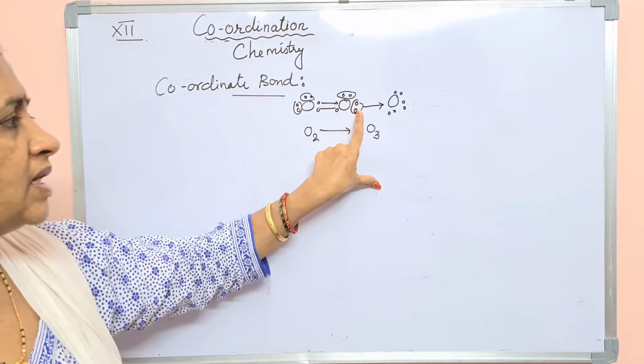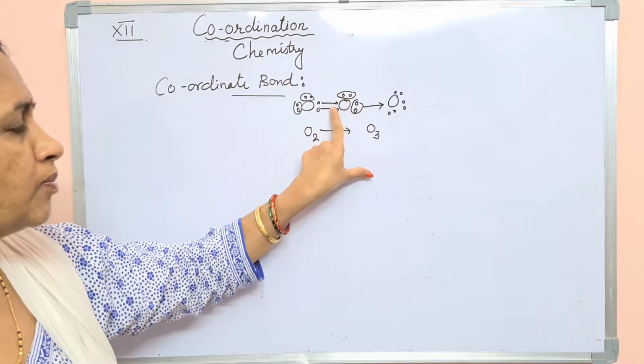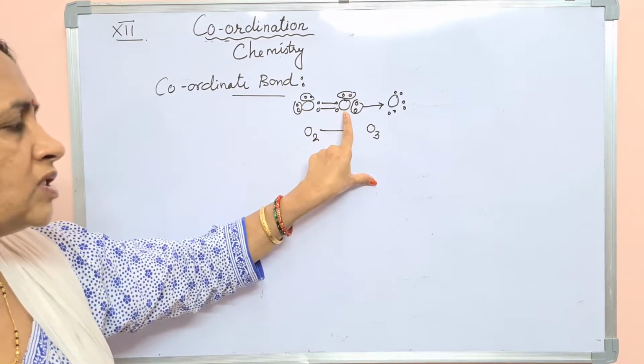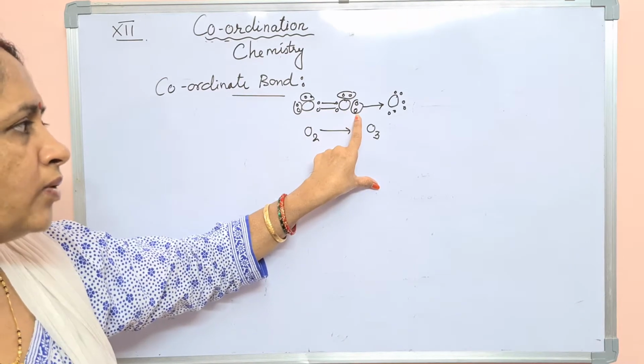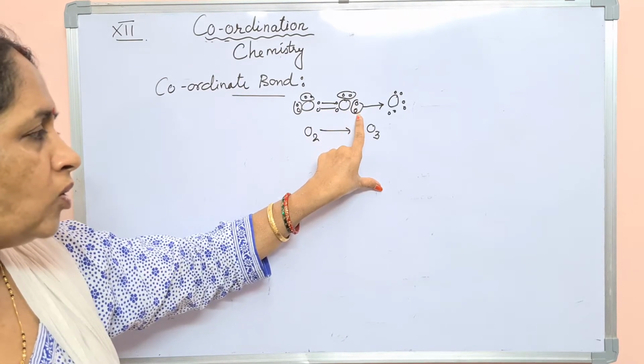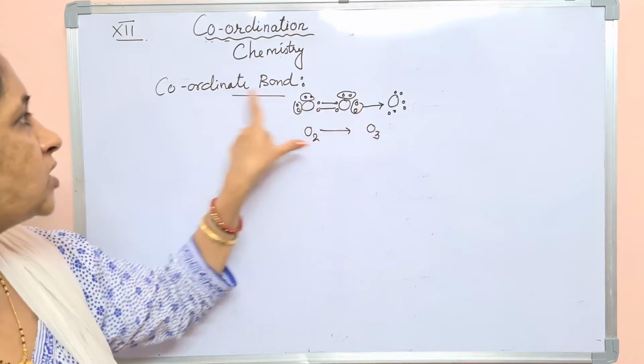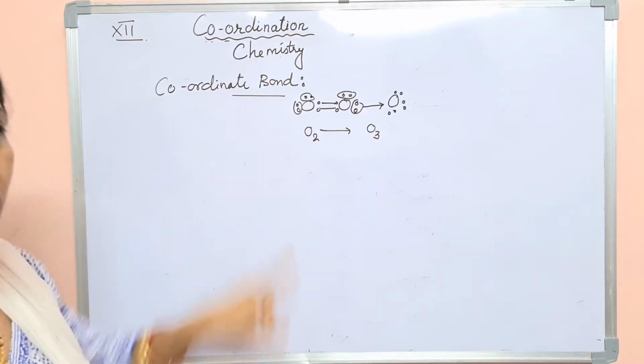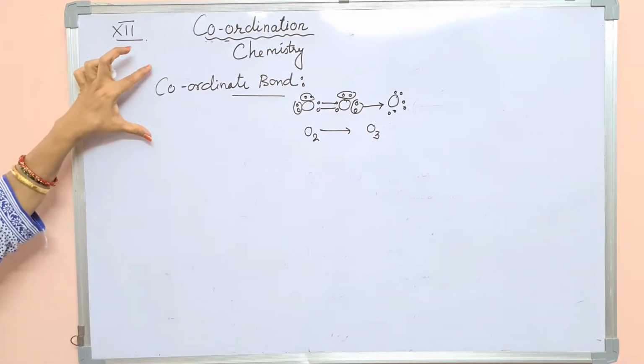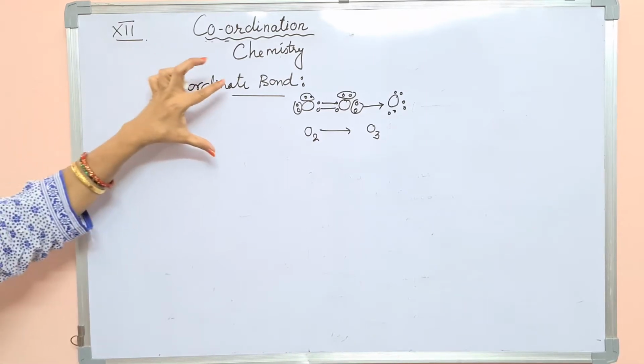It means these electrons are not removed from the shell of this oxygen. So it is a one-sided donation of one lone pair of electrons, and that is called a coordinate bond. In short, we have done the revision of the coordinate bond.